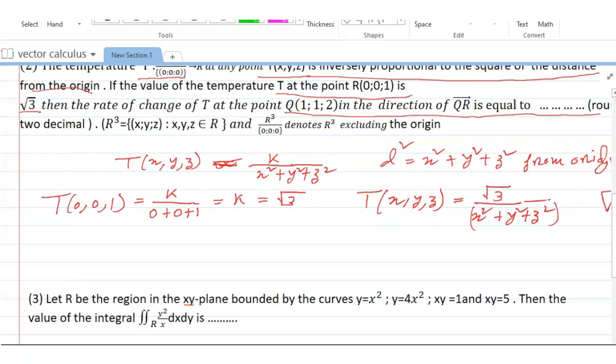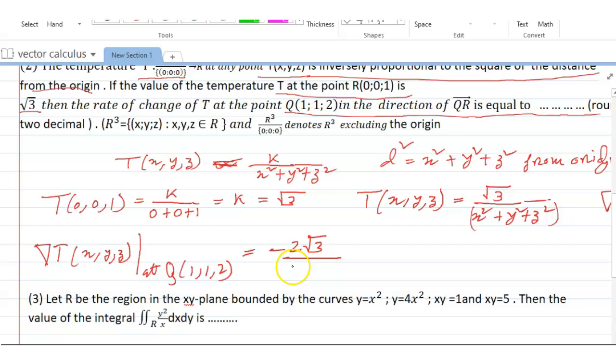Now del T(x, y, z) at Q(1, 1, 2), putting the values 1, 1, 2, we get minus 2 root 3 divided by 36 i cap, because (x² plus y² plus z²) whole square is 6², equal to 36, minus 2 root 3 divided by 36 j cap, minus 4 root 3 divided by 36 k cap.